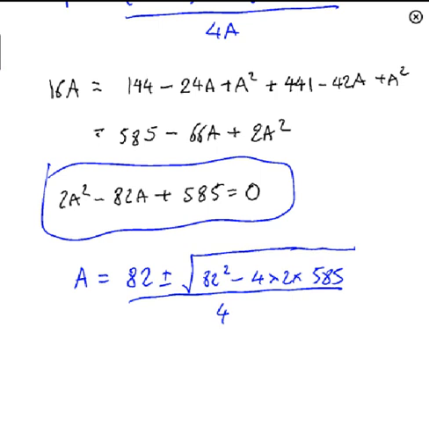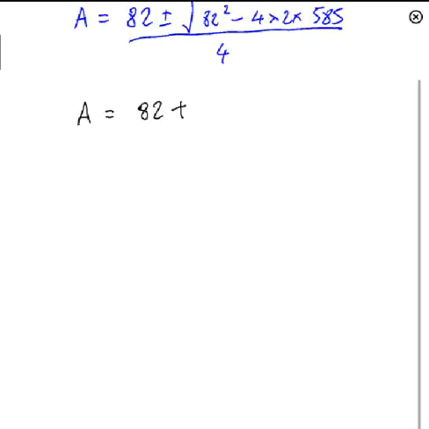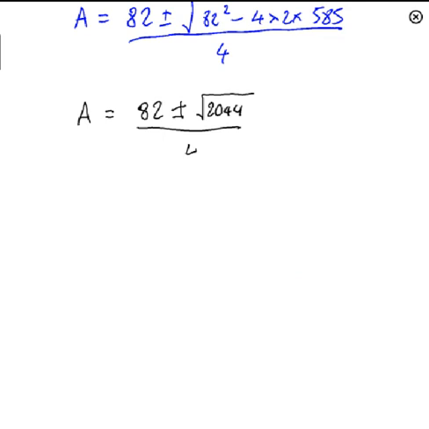Right, so that gives us a equals, now this is where it's going to get rather interesting. 82 plus or minus the square root of what? 2044 over 4.